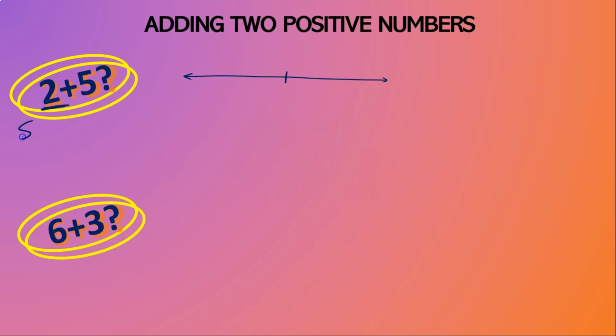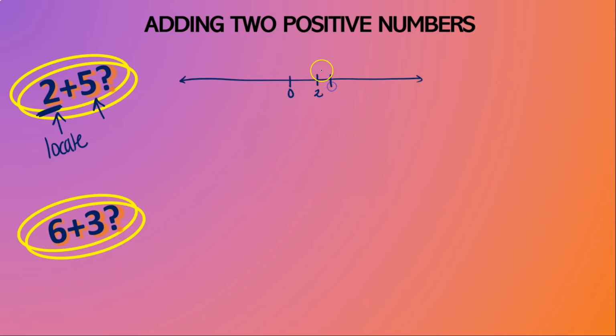And the first number is going to tell us where to start or where to locate the number. So 2 is going to be to the right of 0. And now we're just going to add the amount of steps from 2 that it's indicated by the equation. So we have 2 plus 5. So first, we locate 2 in the number line. And then we're going to count 5 steps.